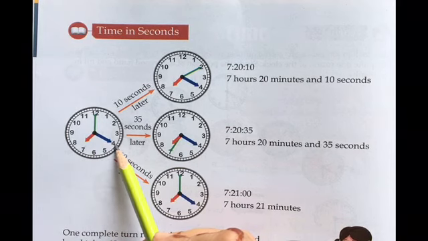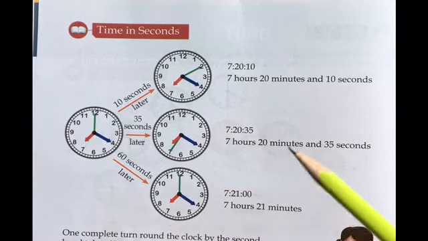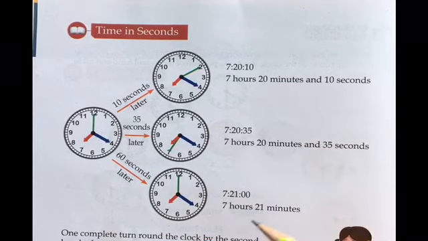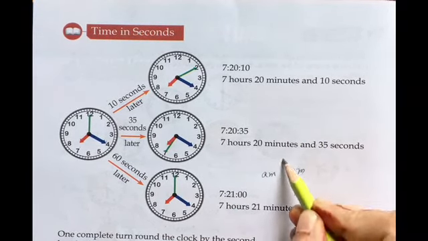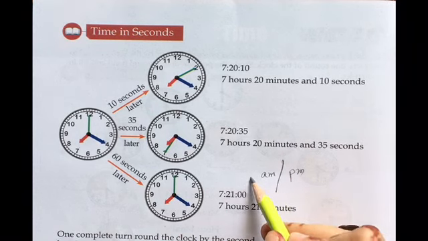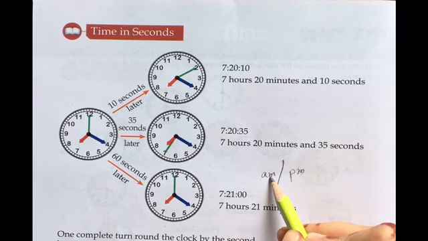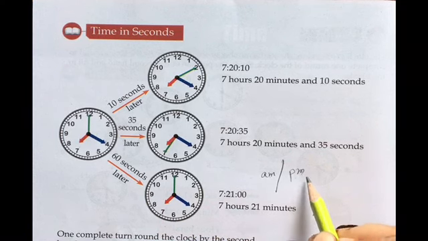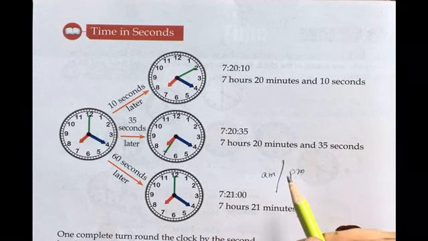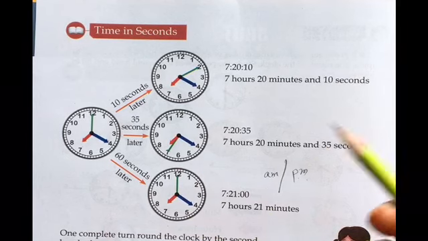Depending on the morning and evening, we can put AM or PM. From midnight to 12 noon it is AM, from 12 noon to midnight it is PM. Accordingly you will have to see.